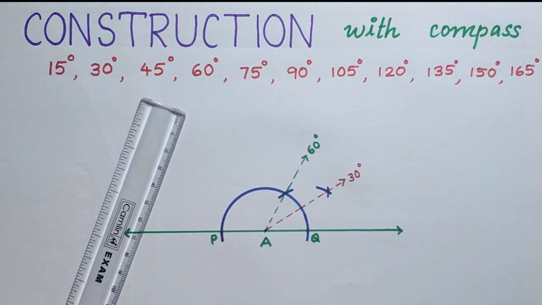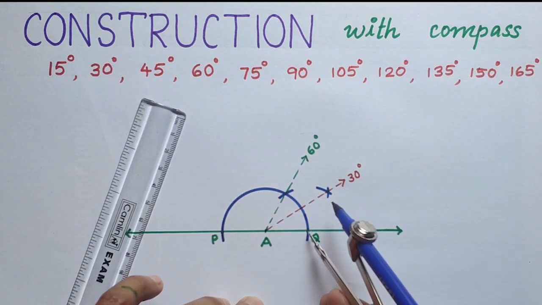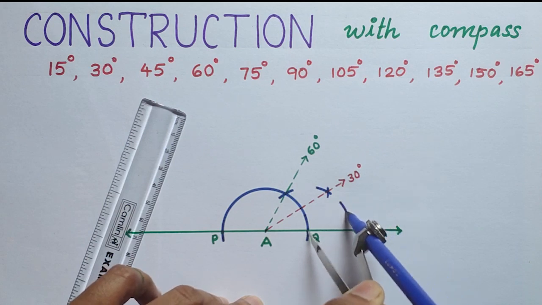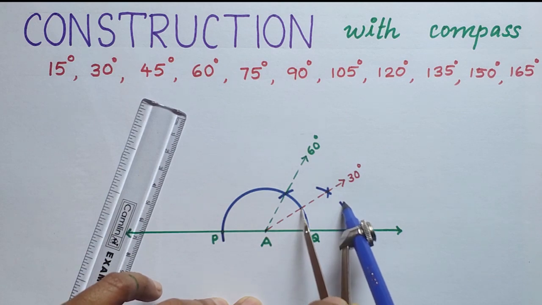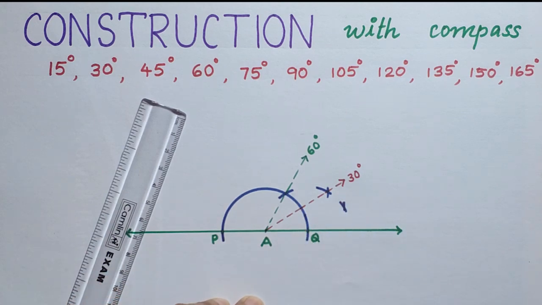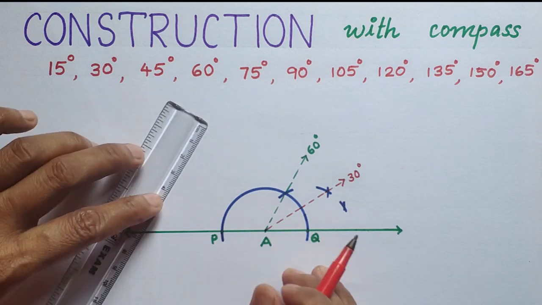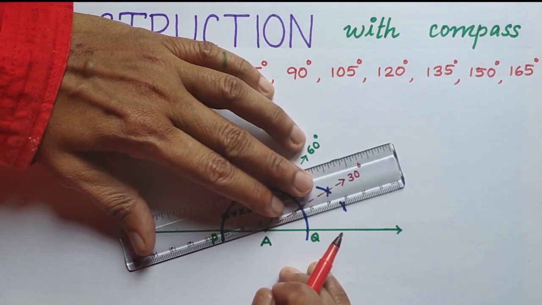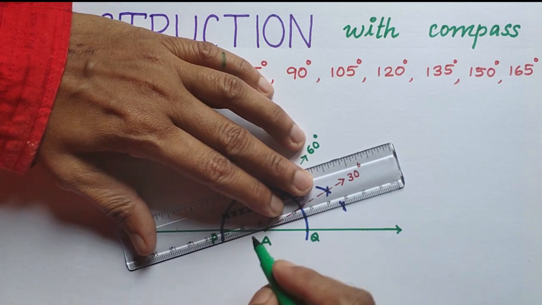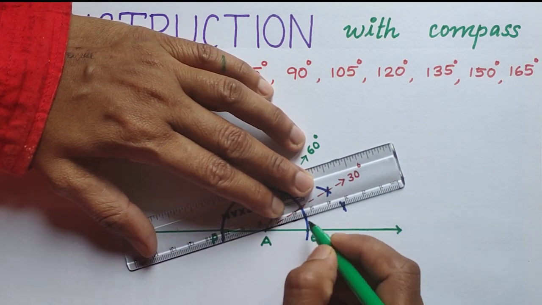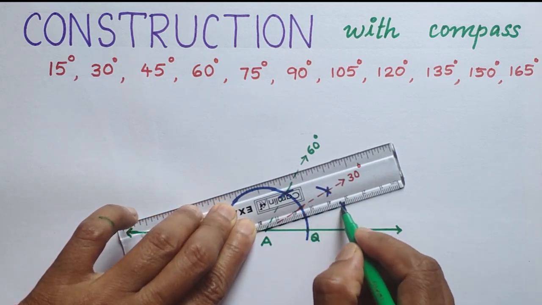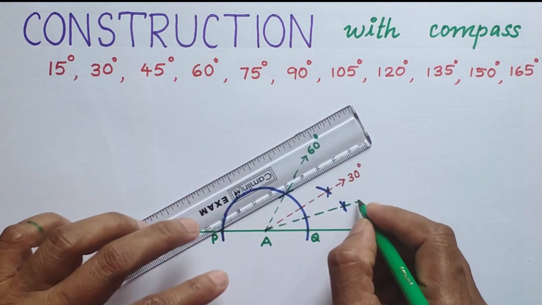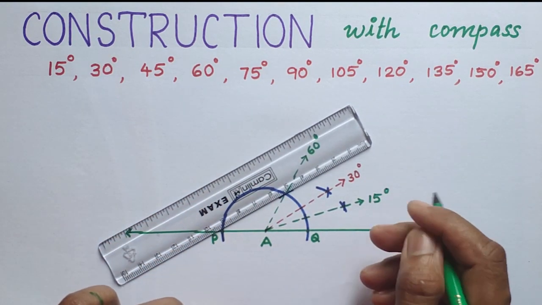Then if we bisect 30 degree, then we will get 15 degree. So place the metal tip here, draw an arc and place the metal tip over here. Then draw an arc, join. This is 15 degree.